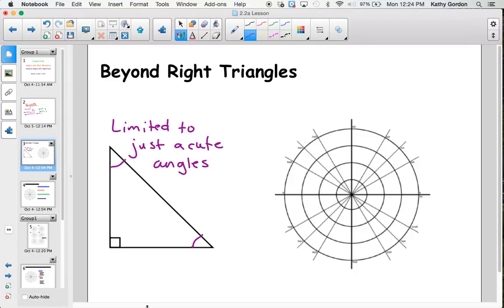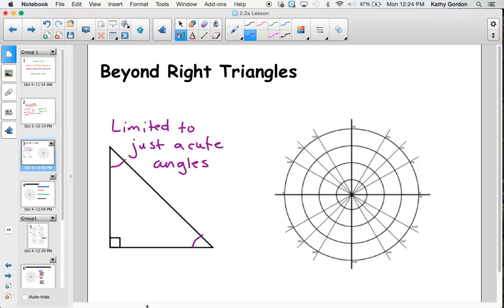Okay? So, instead of thinking about angles in terms of being made by the sides of a triangle, we now want to start thinking about angles in terms of rotation. Okay? We're going to take rays, right? Angles are always made up of rays that meet at an end point that we call the vertex.